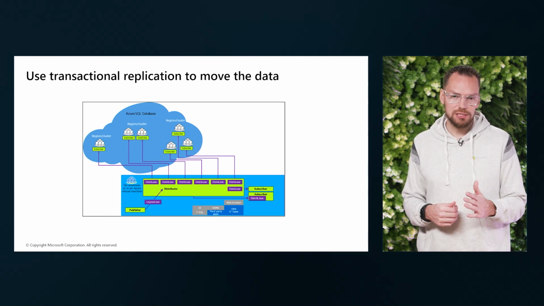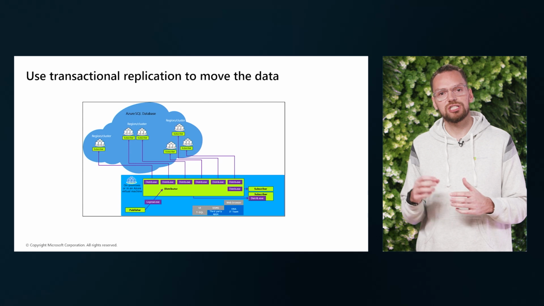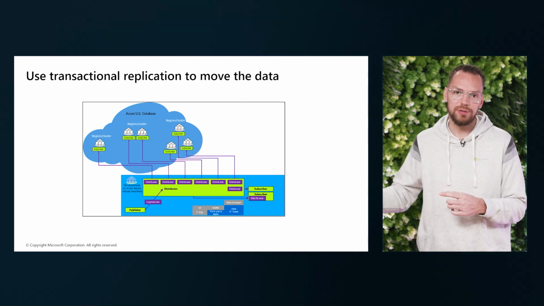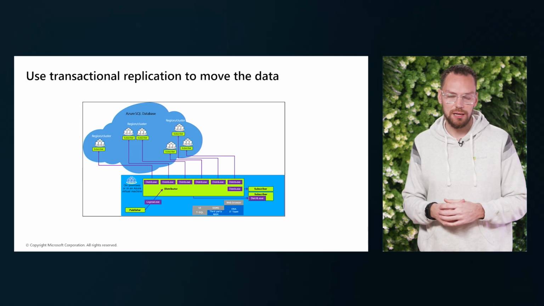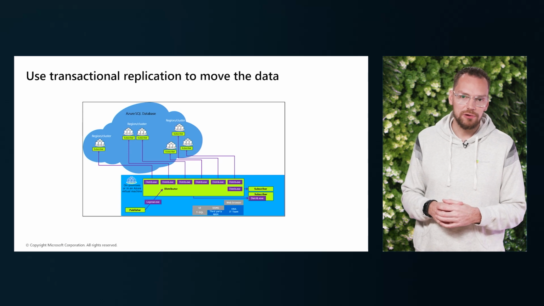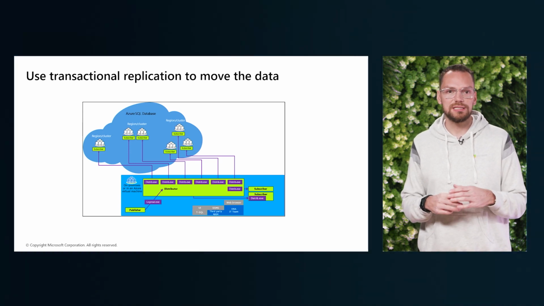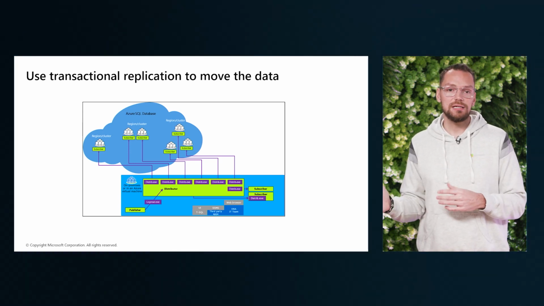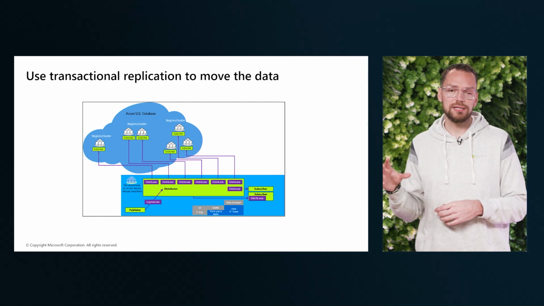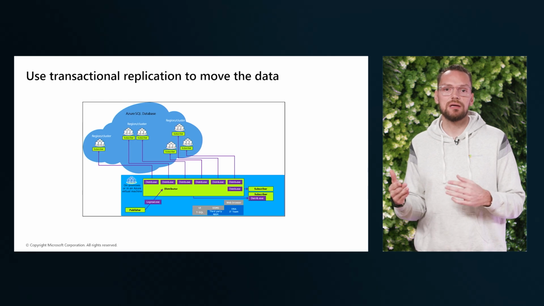By using transactional replication, you can ensure that the changes made in the source database are quickly reflected in the target database, minimizing latency. It's also important to consider the configuration and monitoring of the replication process to maintain data integrity and performance. Overall, this method is a practical way to optimize migration with performance in mind.